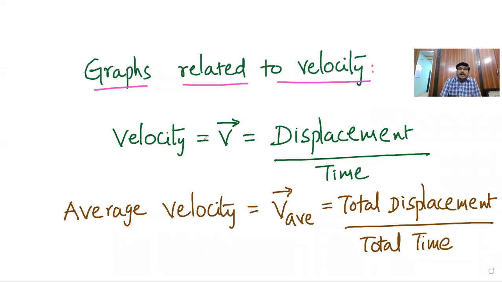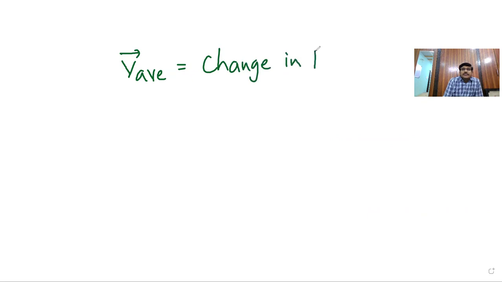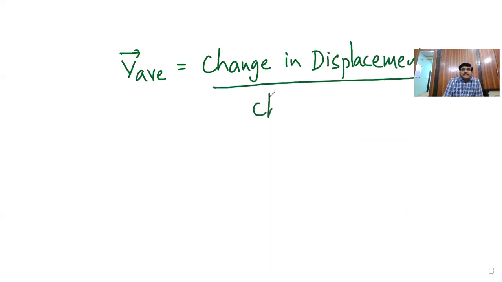Clear? And observe carefully. This average velocity, V average, can also be given as change in displacement by change in time.